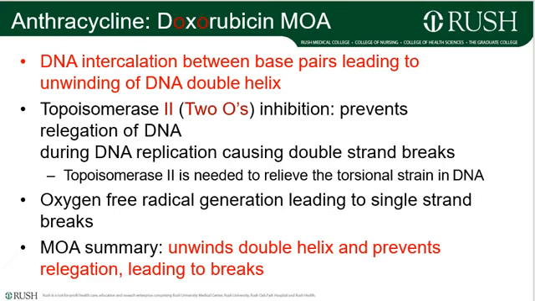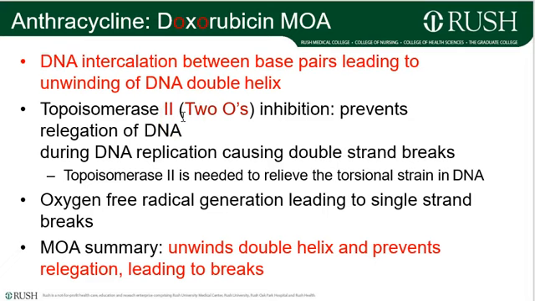I always remember anthracyclines, specifically doxorubicin, as a DNA intercalator between the unwinding pairs of the DNA double helix molecule. And these drugs are specific to topoisomerase type 2. The way I remember it is doxorubicin has two O's, and so topoisomerase also has two O's, and then the Roman numeral 2 fits in there.